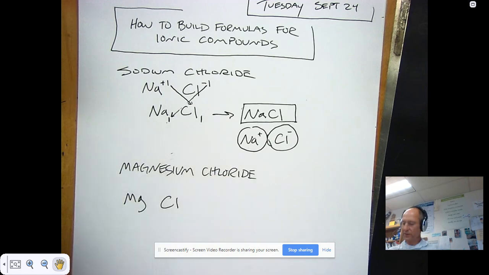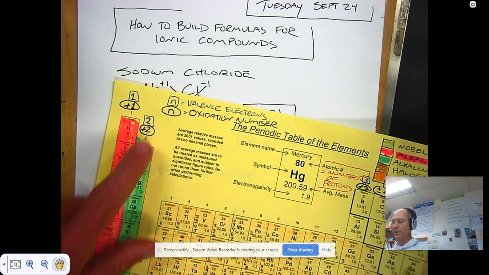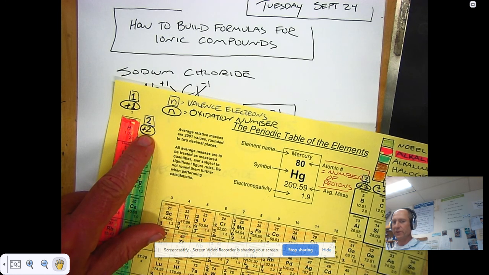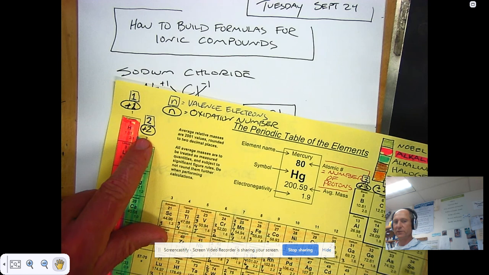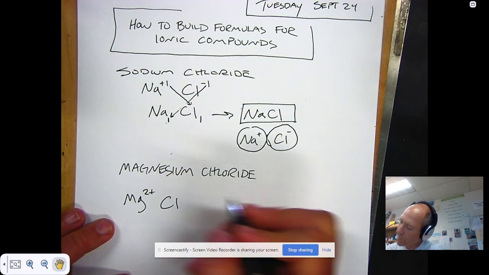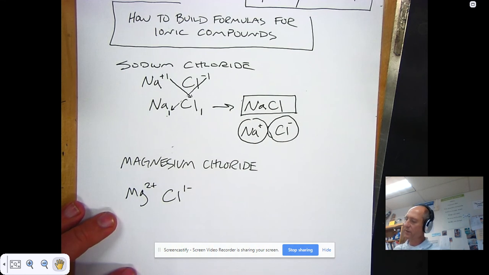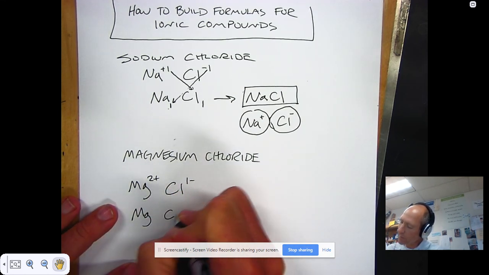So magnesium, sorry, back up. Magnesium has a charge of 2 plus when it's its most stable. That's its oxidation number, 2 plus. So magnesium has an oxidation number of 2 plus. Chloride has an oxidation number of 1 minus. I'm going to write them again.